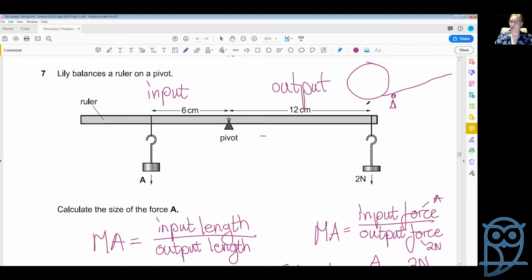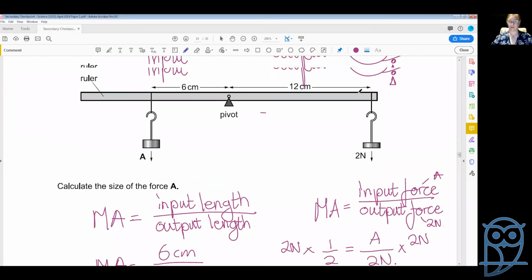This is our output that we want. And here we can input some force. Here, this distance is short and this distance is long, so we're going to get some mechanical advantage. It's going to take a lot less force over here in order to get this rock to move. So that is what we mean with mechanical advantage.